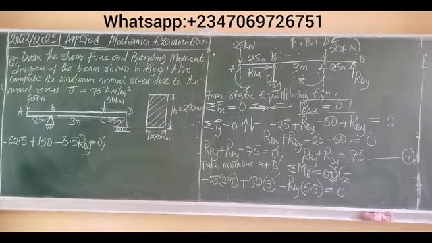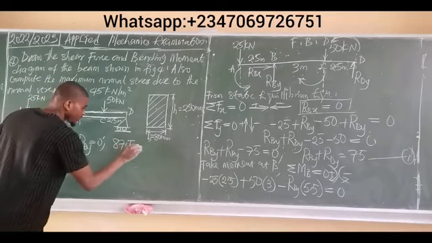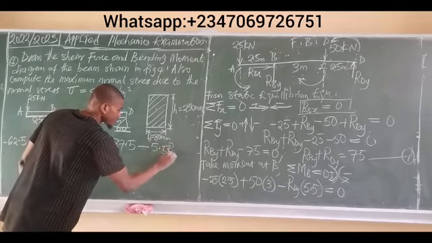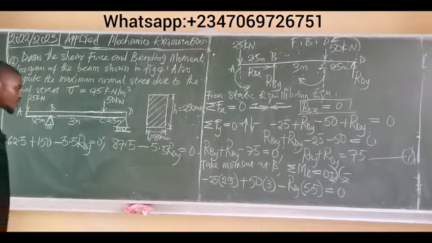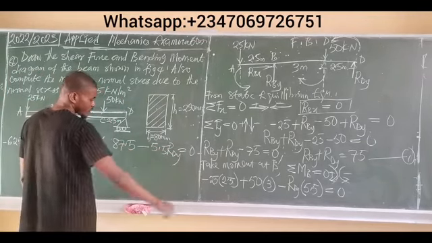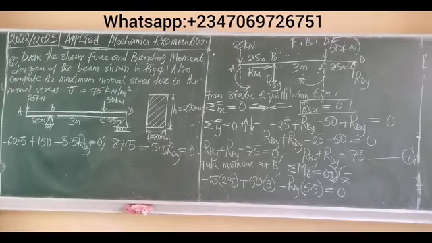So we evaluate minus 62.5 plus 150, that gives us 87.5. So we have 87.5 minus 5.5 RDY equal to 0. Now we simply send minus 5.5 RDY over to this side of the equation. The negative sign crosses the equal sign and becomes positive.